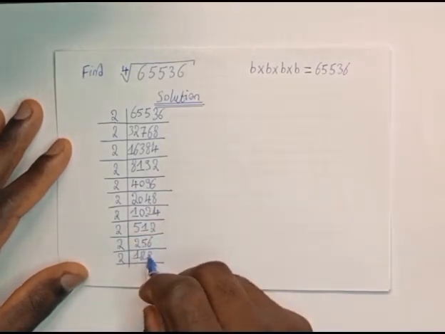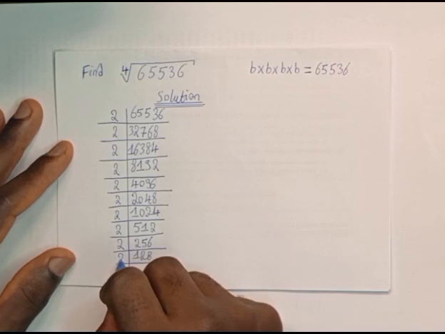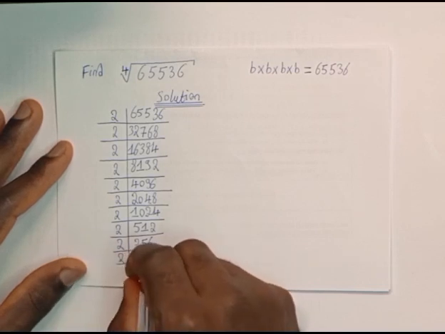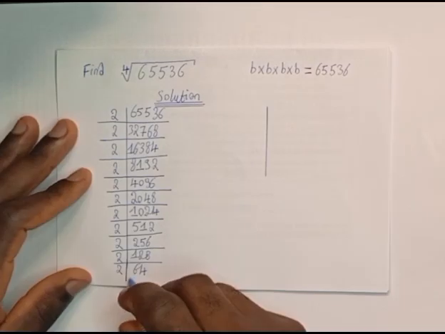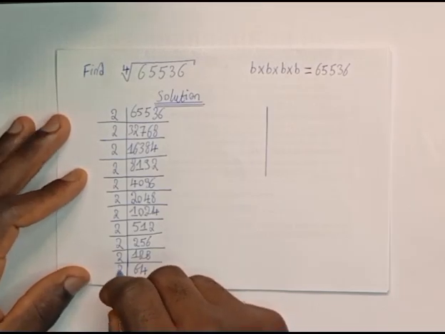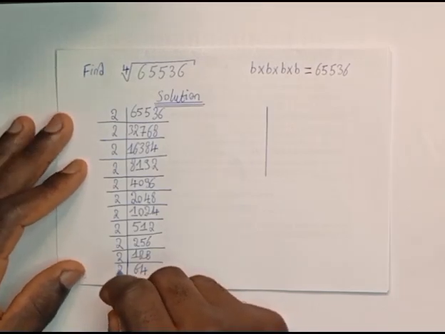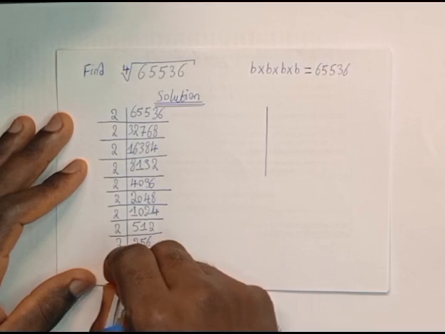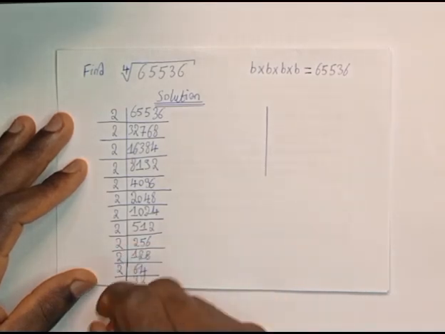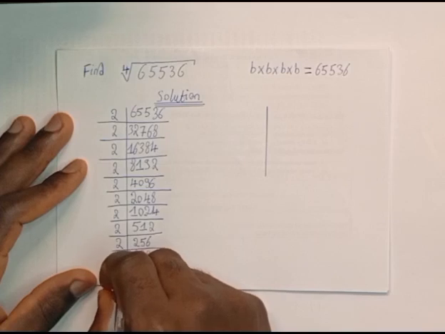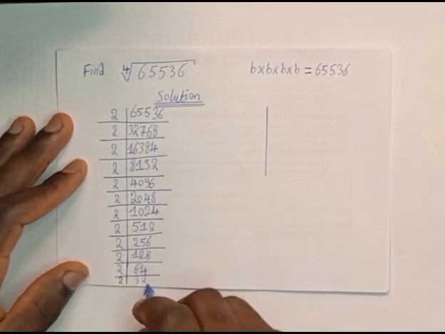We divide 128 by 2. This gives us 64, which is an even number. We bring down 2 again. 64 divided by 2 gives us 32. You write down 32. We bring down 2 again because 32 is an even number.